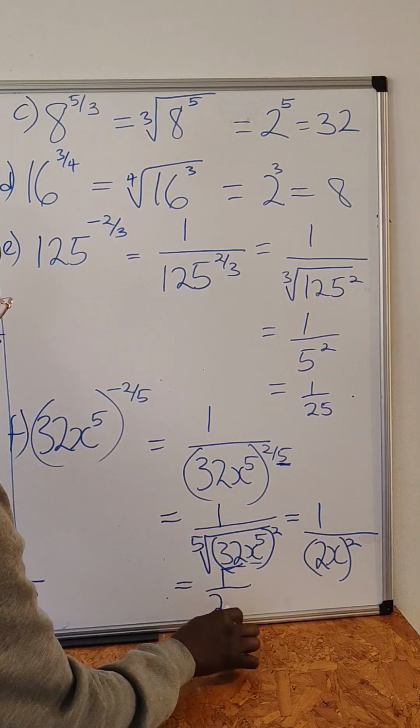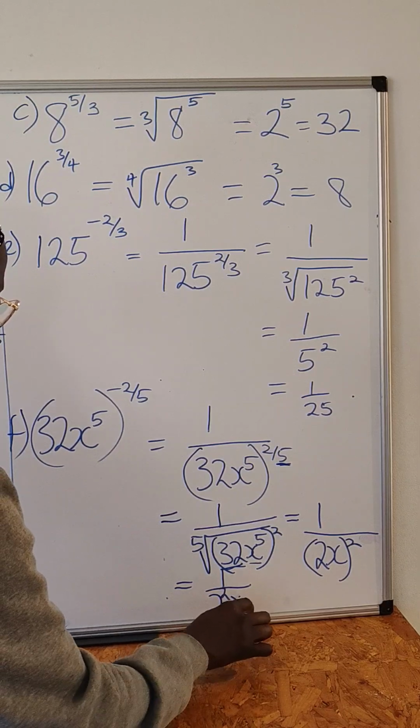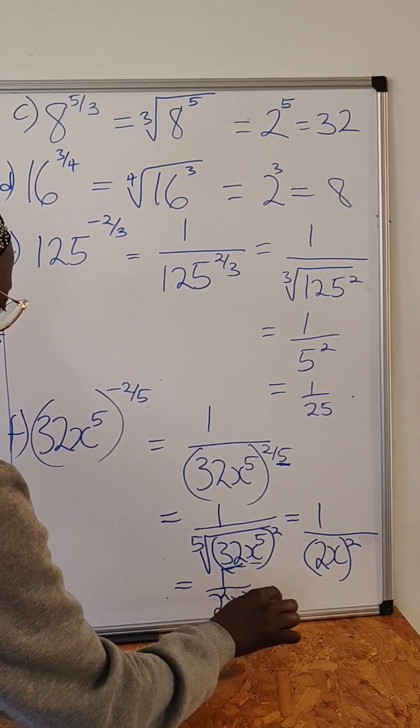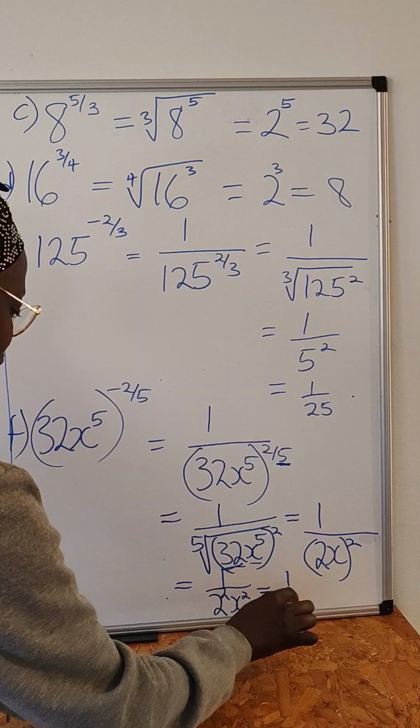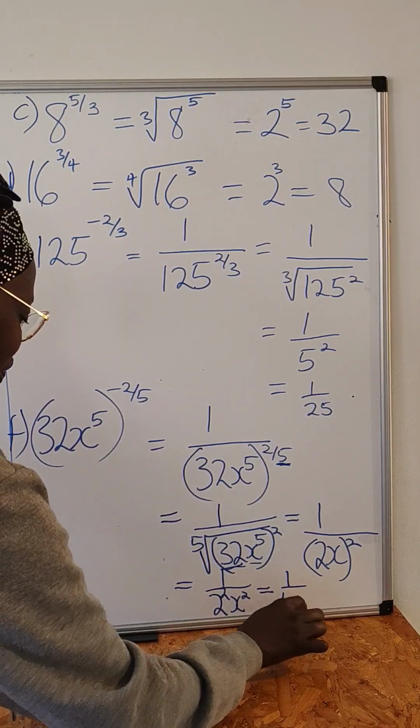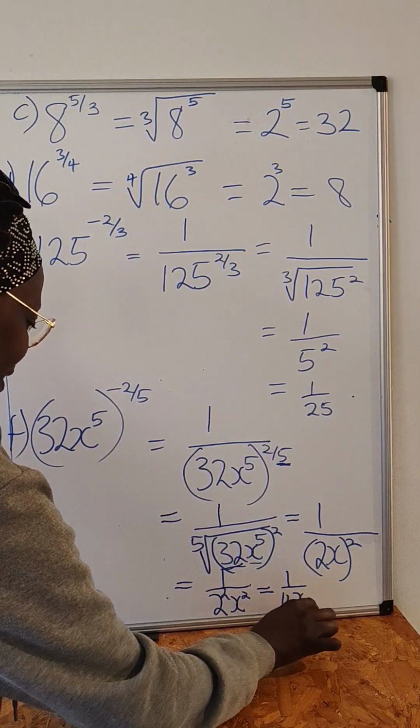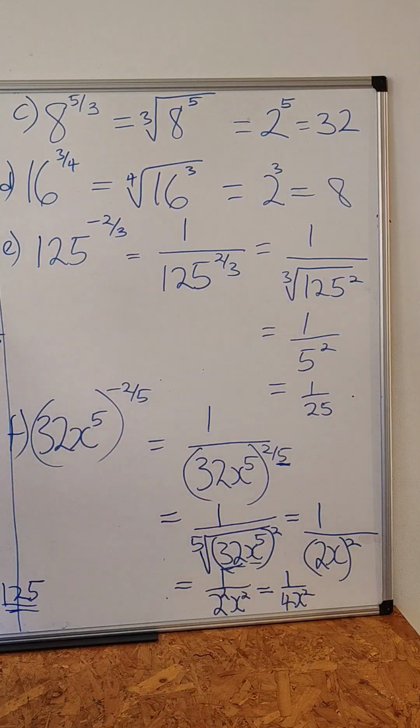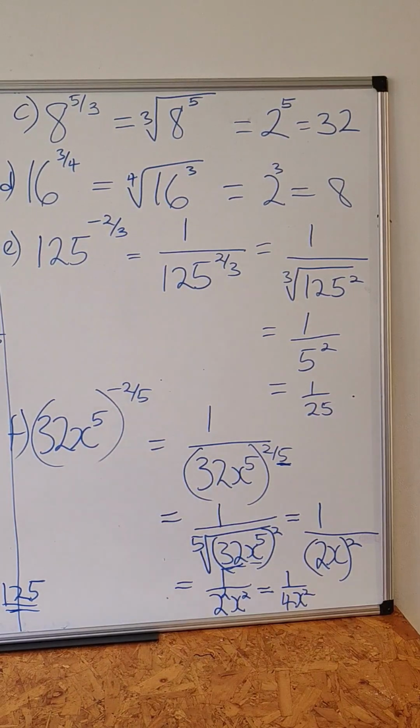So it will be 2 raised to power 2 and x raised to power 2, which gives 1 divided by 4x squared. That's the answer for the last question: 1 over 4x raised to power 2.